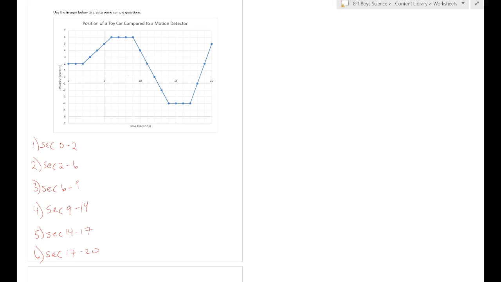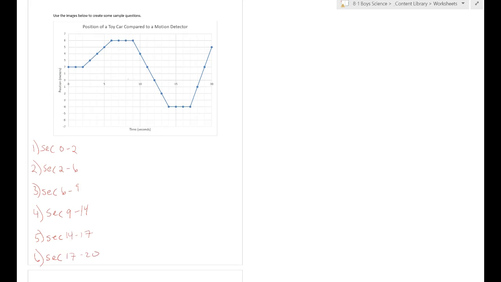So this says that it is the position of a toy car compared to a motion detector. We've got time and we've got position, so meaning distance. The first thing that I always do, just to help myself wrap my brain around this, is draw a line right across the x-axis. I do that really just to call out where that zero is, so that I know exactly where it is.